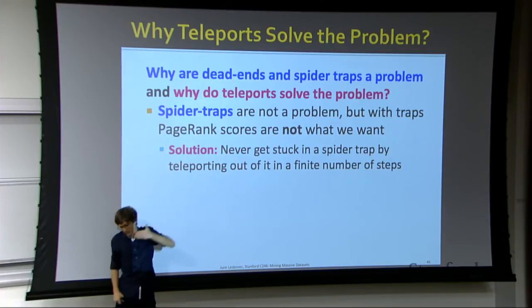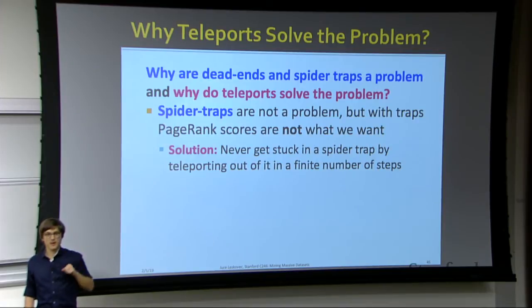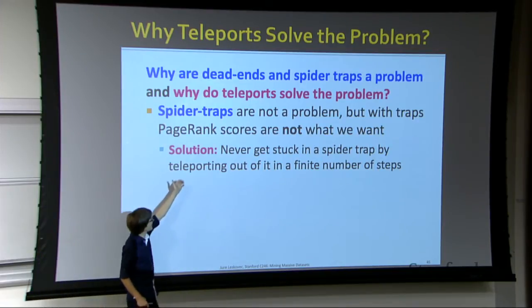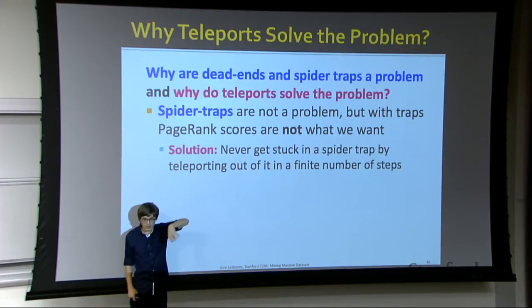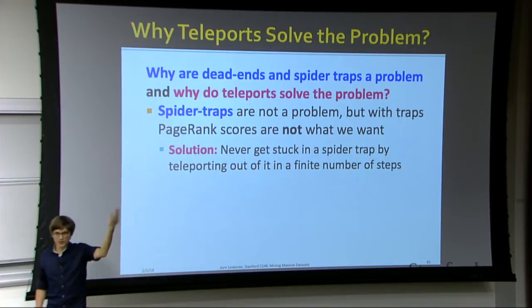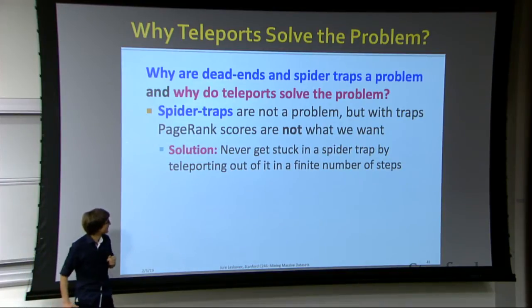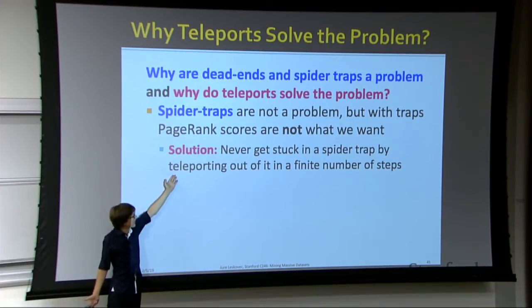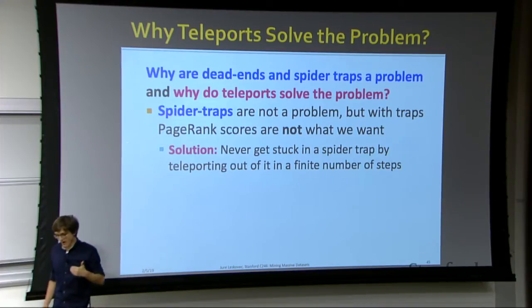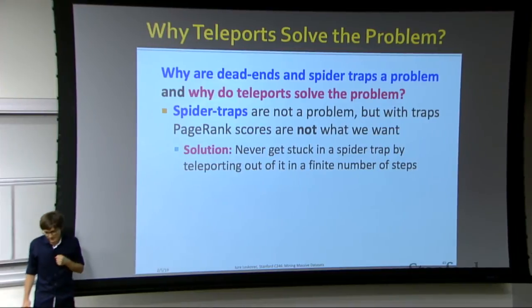We don't want PageRank scores where all the importance is trapped in a spider trap. We want our random walker not to get stuck in a spider trap, so we allow the random walker to teleport, so it can always teleport out of these spider traps in some finite time. That is why teleports solve spider traps.